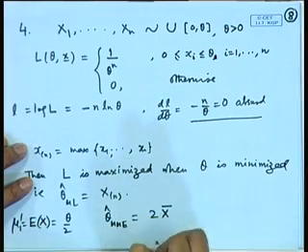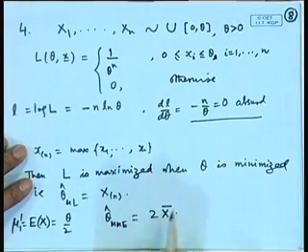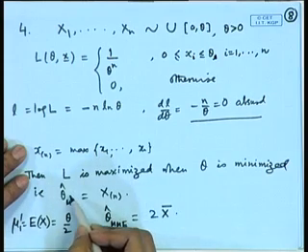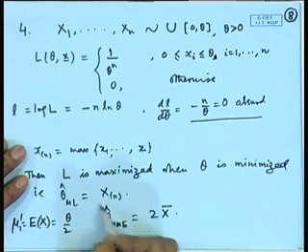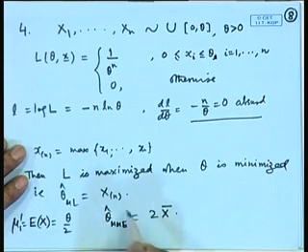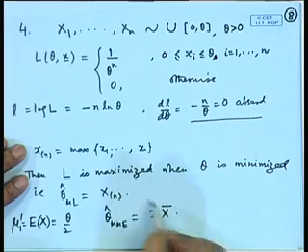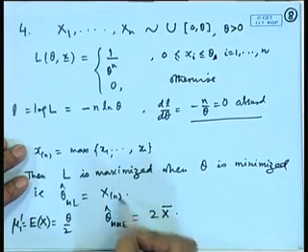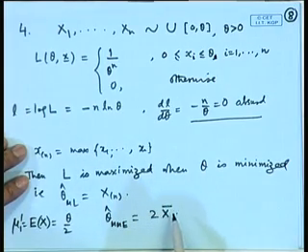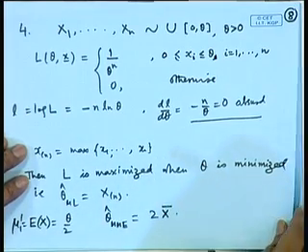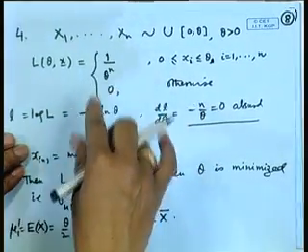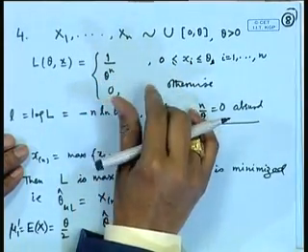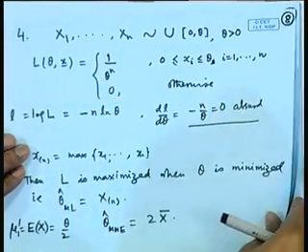You can see the situation here: the method of moments estimator and the maximum likelihood estimator are totally different. Here it is the maximum of the observations, and there it is 2 times the average of the observations. Further, this example illustrates that the method of taking logarithm and differentiating does not always work.